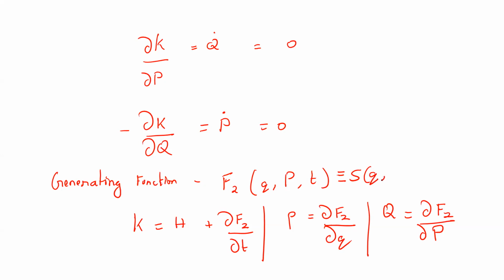And what is P? Since P dot is 0, therefore P will be a constant, right? So if some derivative of something is 0, if I say dx by dt is 0, then that means x is equal to a constant, right? So that is what we are saying.